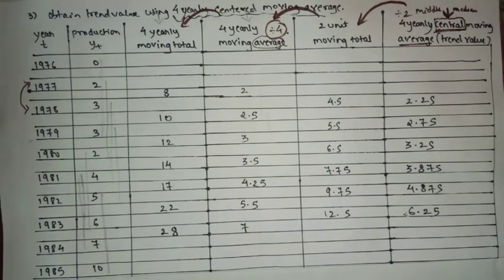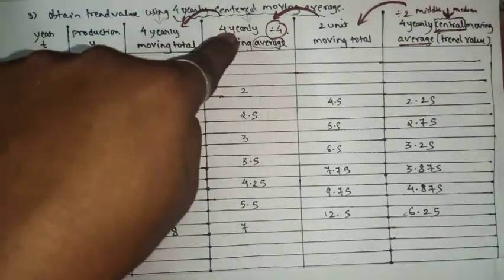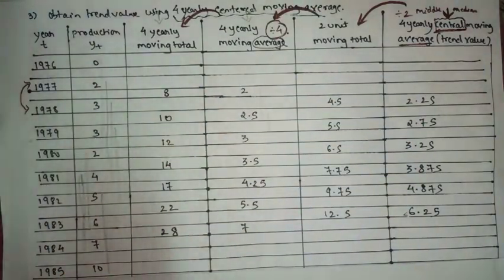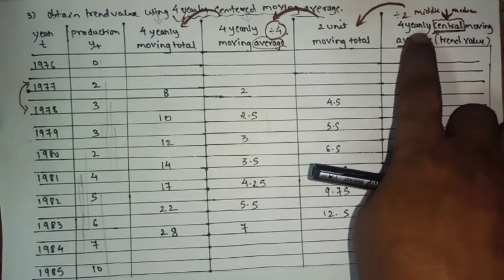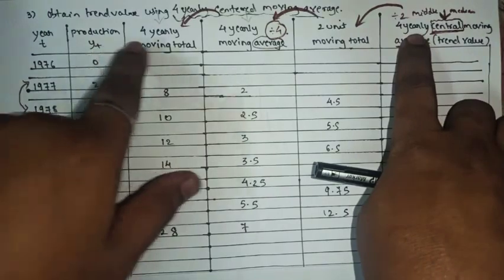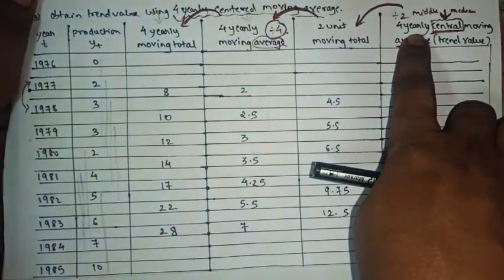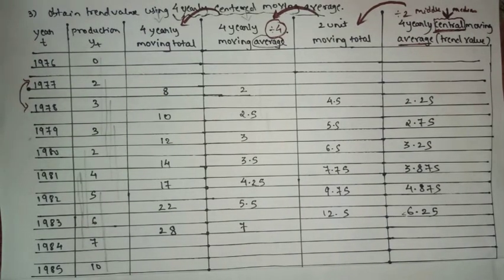Now remember, the question will be like this: obtain trend value using 4 yearly centered moving average or central moving average. They will not use the word 4 yearly moving average. They will use the word 4 yearly central moving average. So that means we have to find the 4 year by using the method called central moving average. Got the idea? So in this way you will present your sum.